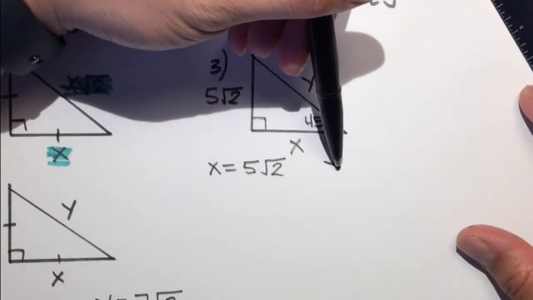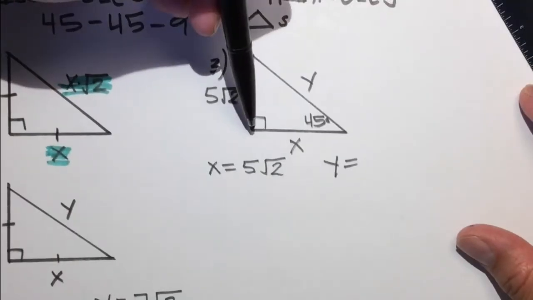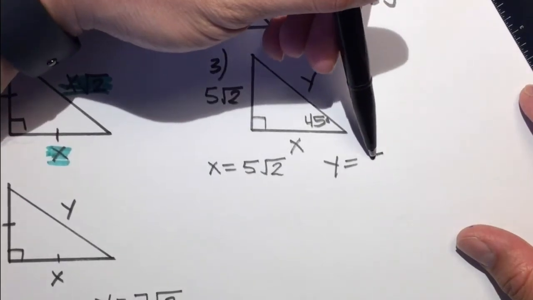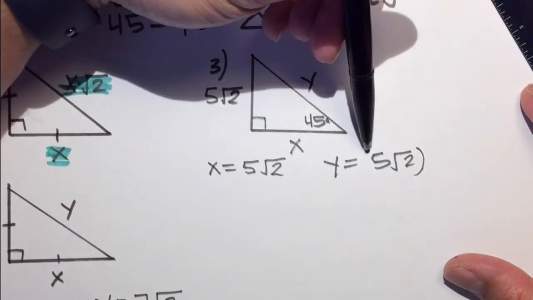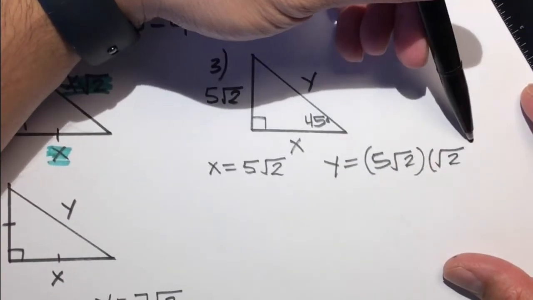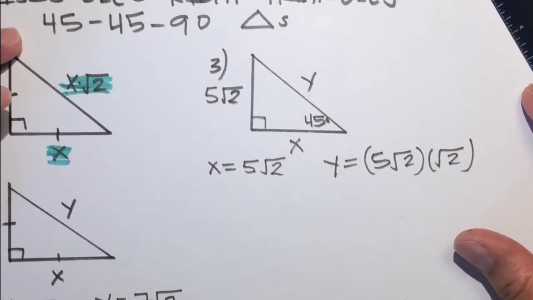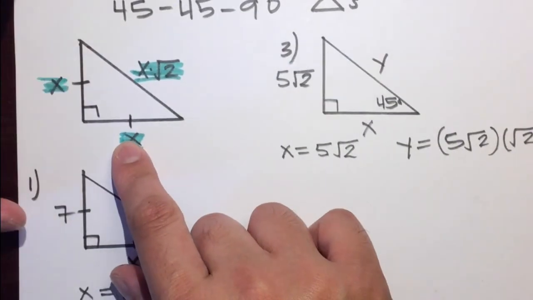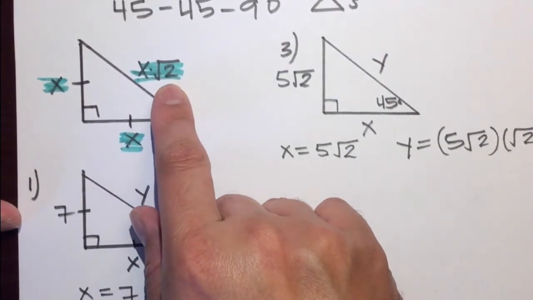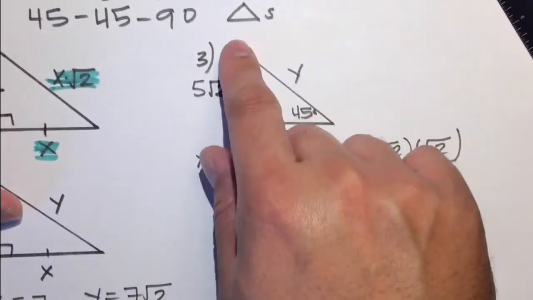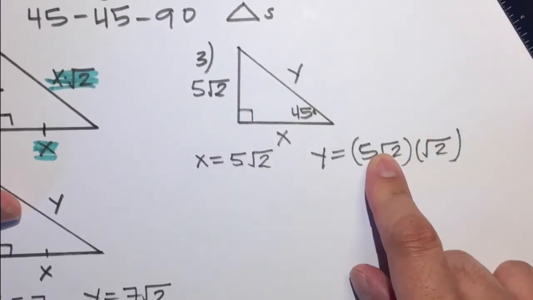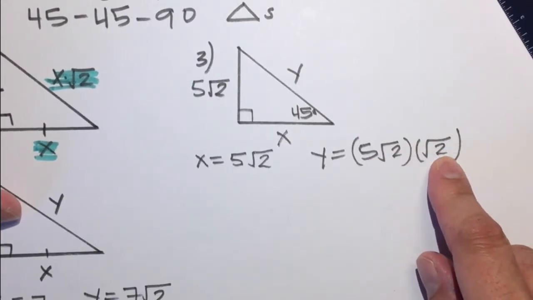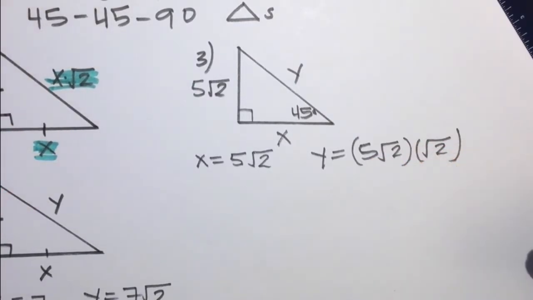So we're going to write y is equal to, we're going to take the leg, 5 radical 2, and we're going to multiply this by what? Radical 2. Okay, just like over here in the pattern. We take the leg and we multiply it by radical 2. In this triangle, what's the leg? 5 radical 2. And we're going to multiply it by radical 2. Okay?